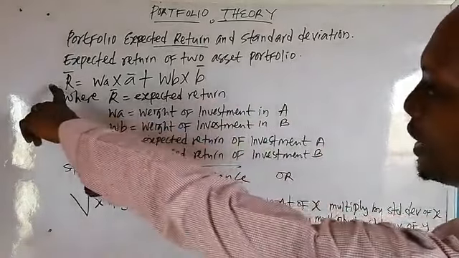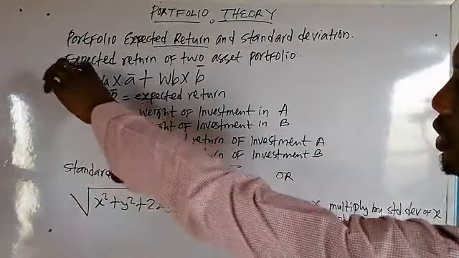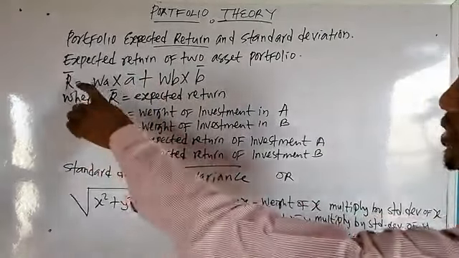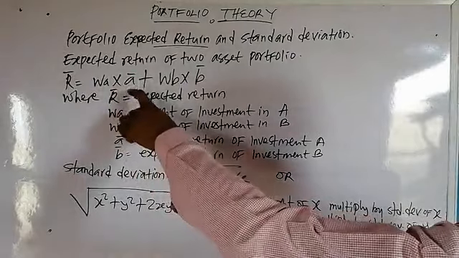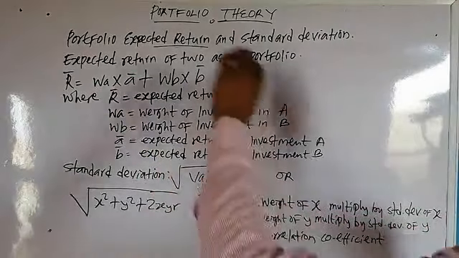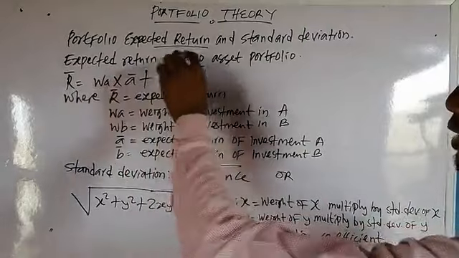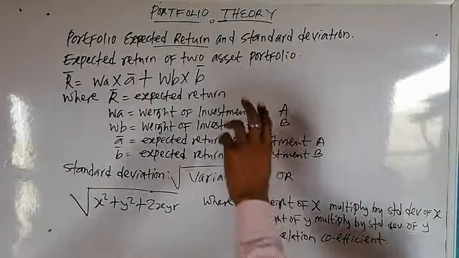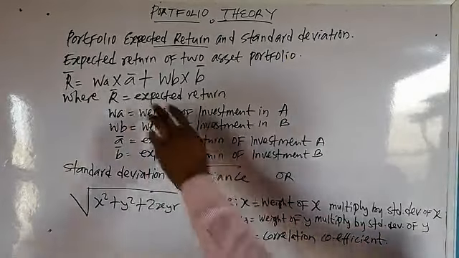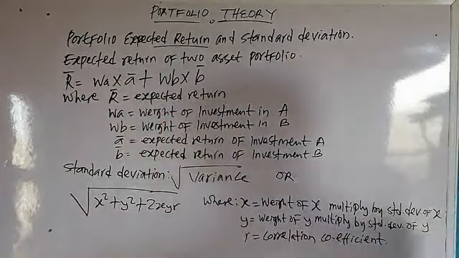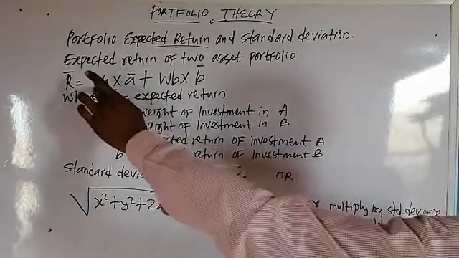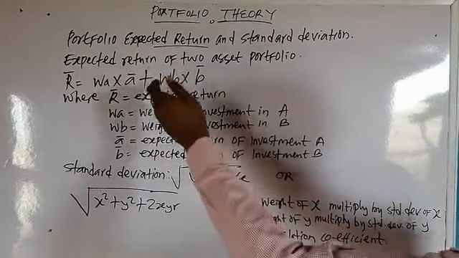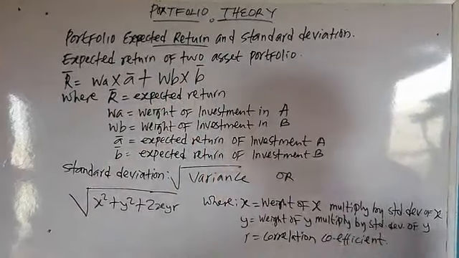R bar, the return, is equal to the weight of A times the expected return on A, where we have asset A and asset B in the portfolio. So you look for the weight of A multiplied by the expected return of A, plus the weight of B times the expected return of B.